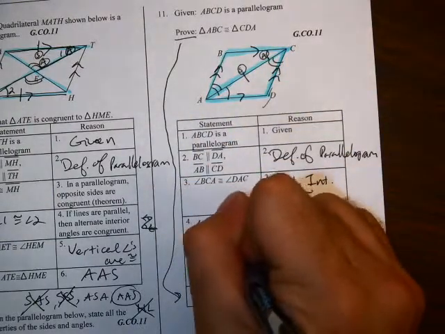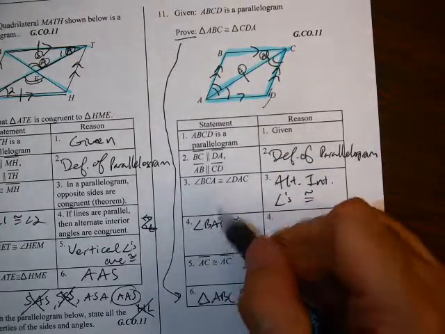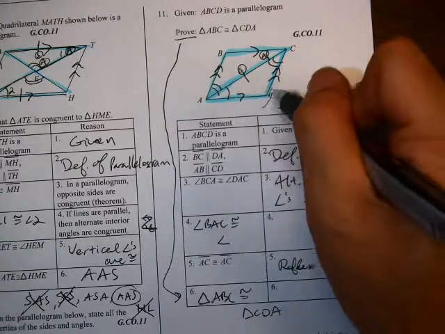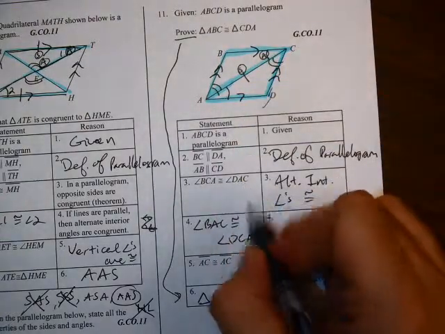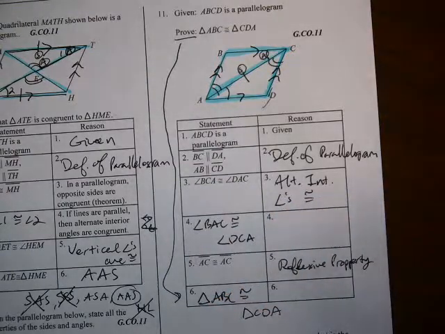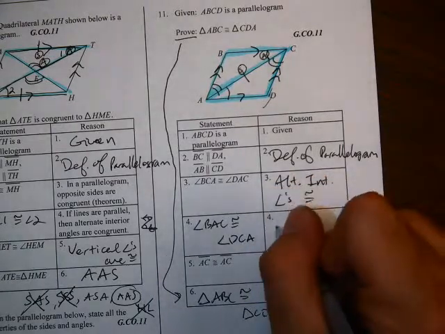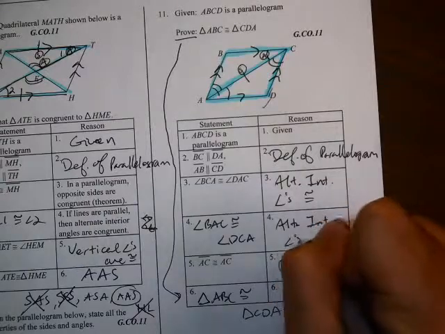Look how close it is to this name. All that's happening is that those letters are switching. Then the second one over here is DCA. Again, same thing happened. Those letters switch. That's the only difference, but it does make a big difference for what you're marking here. For statement 4, alternate interior angles is the same kind of reason. Alternate interior angles congruent.